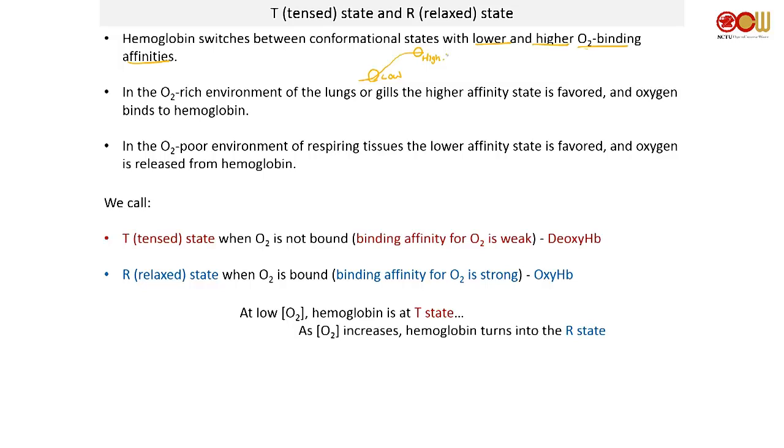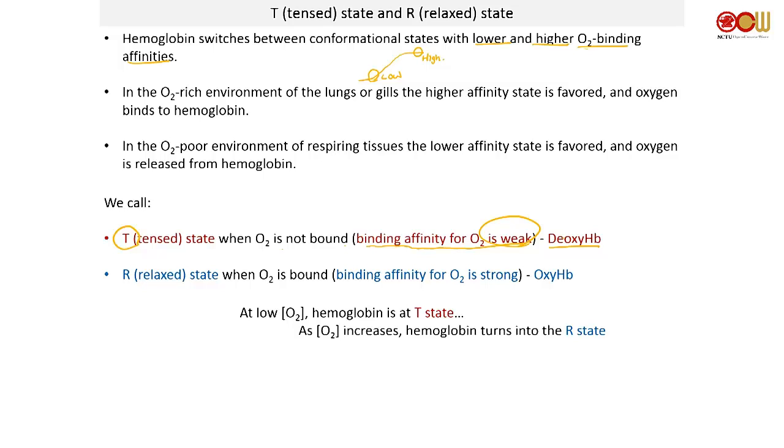We'll call it the tense state, T state, when O2 is not bound and the binding affinity for O2 is weak. This refers to deoxyhemoglobin. So T state is equal to deoxyhemoglobin is equal to low O2 binding affinity. Three things.